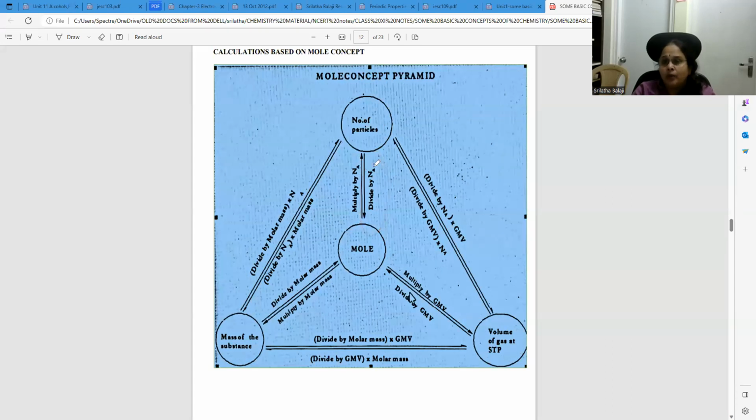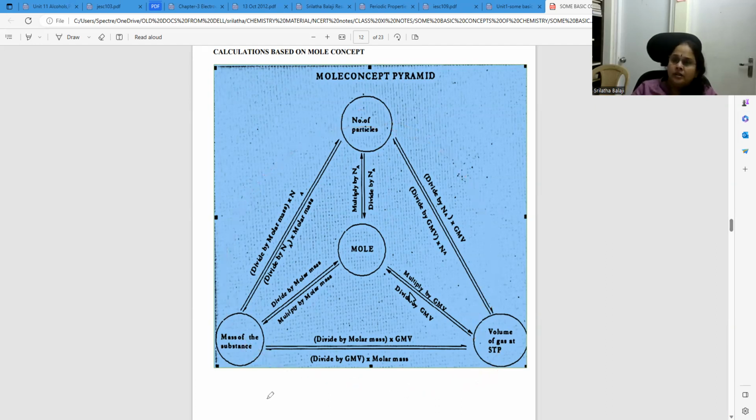Isn't this what we have been doing all throughout? Now, we will see the next level of calculation: converting mass to particles, particles to volume, and volume to mass. Interconversion. Is it clear?